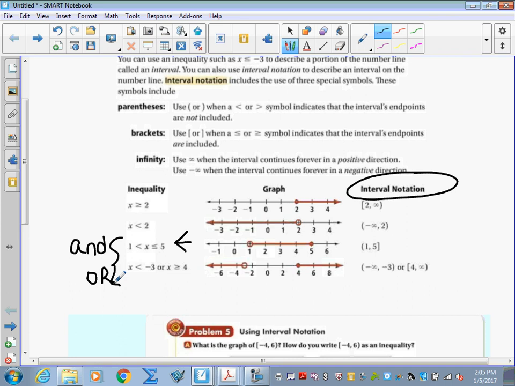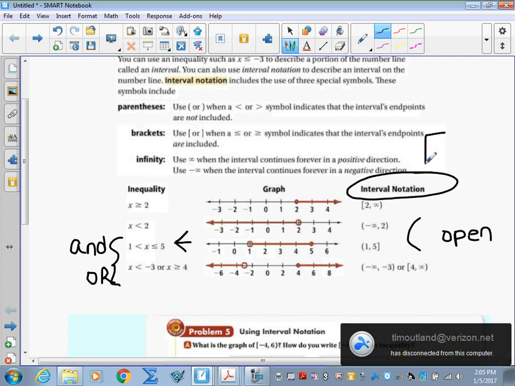All right, so for this one right here, the first one, the AND, this parenthesis means that the dot is open. So I'm going to put open. Okay, and the bracket, I'll put it up here. Sorry.